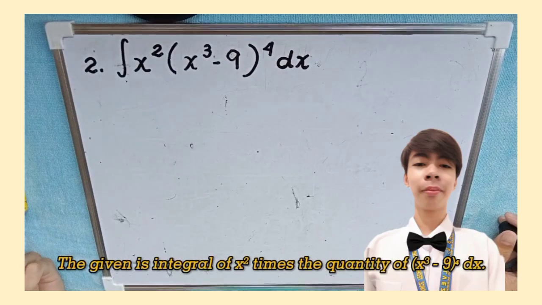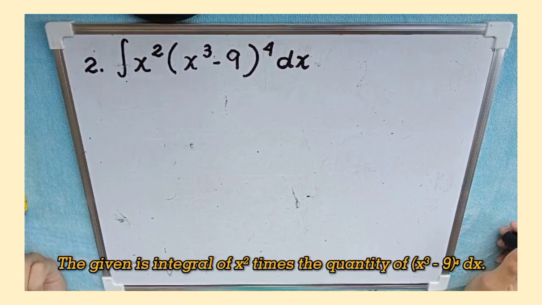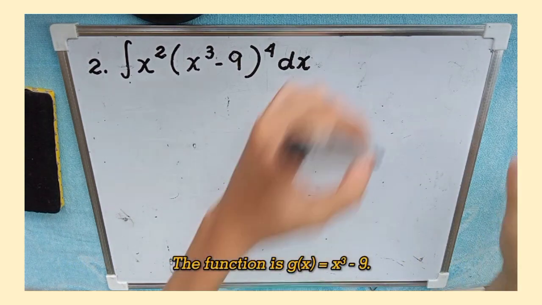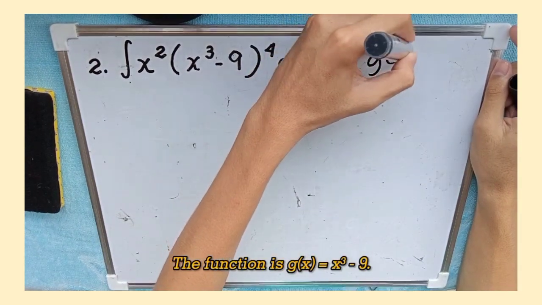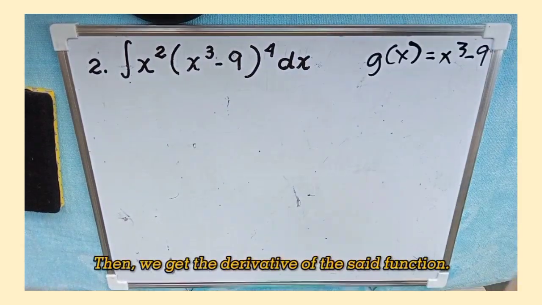The given is the integral of x squared times the quantity of x cubed minus 9 raised to the 4th power dx. First thing we do is get the function of the said integral. The function is g of x is equal to x cubed minus 9. Then we get the derivative of this said function.